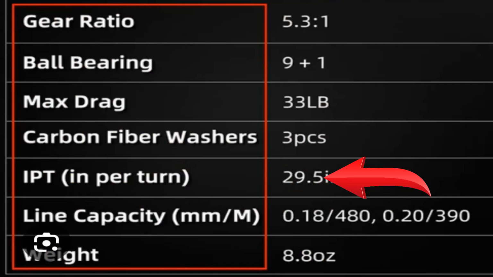Now, I'm also going to mention something else that goes along with the gear ratio. You're going to see on the box another thing called IPT, that is inches per turn. That is the rate of return of the line when you're reeling in. So if you have a slow gear ratio reel or a low gear ratio reel, that intake is going to be obviously less than something that is a high gear ratio.